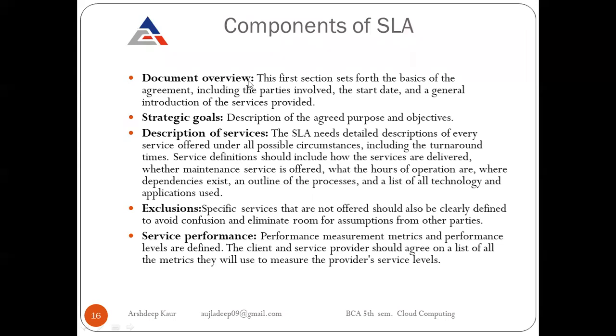So document overview means we have to design one PDF or Word document, and in that document we have the complete detailed information regarding the service provider and the client of the services, start date of the services, basic introduction about the services, level of the services, type of the services, and working of the services.